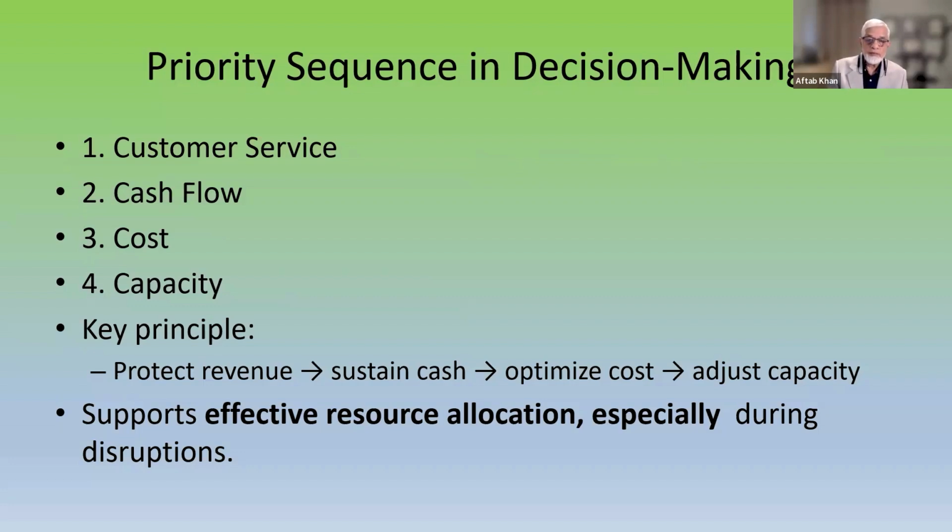Even if you want to go to a third party, you have to set up contracts and technical quality agreements, which also cost money. Again, you need cash flow. So that principle allows you to protect your revenue, sustain cash, optimize cost, and adjust capacity by leveraging the different means that you have, and it supports effective resource allocation, especially during disruptions.